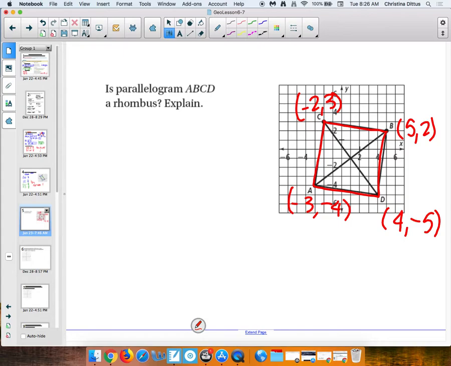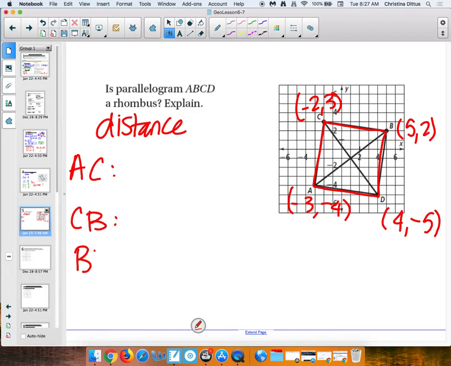Okay, so rhombus, we gotta find the distance. We got AC, CB, BD, and AD.